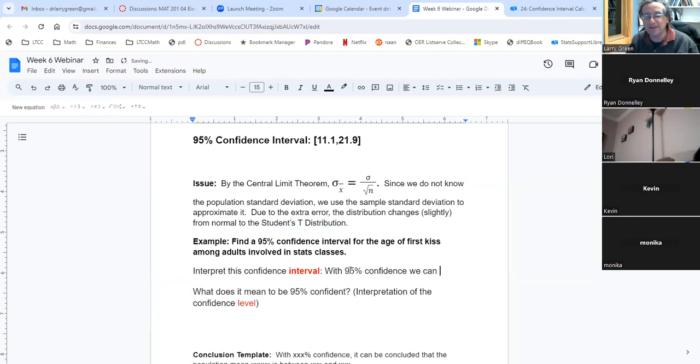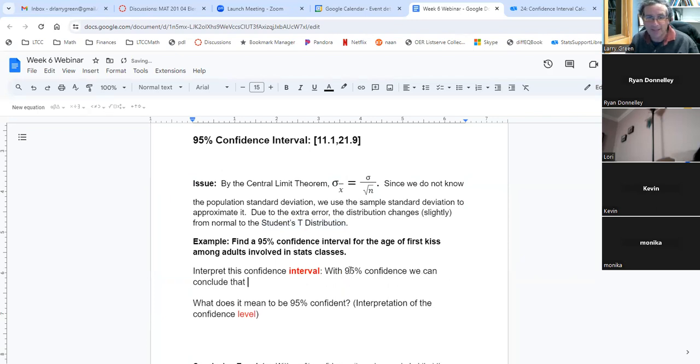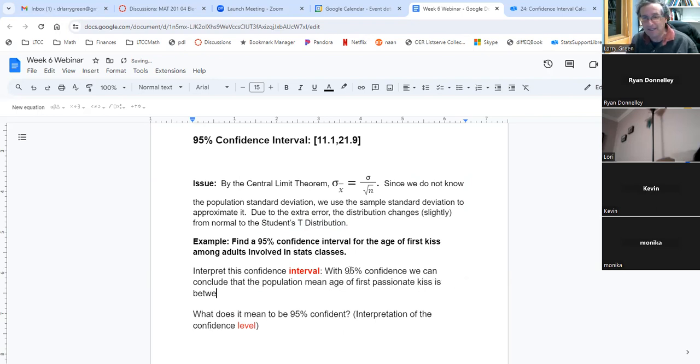We can conclude that the population mean age of first passionate kiss is between, and now we look at our numbers, 11.1 and 21.9 years old.